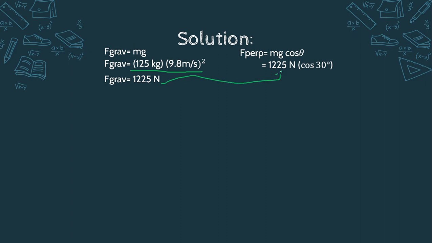In which mg, 1225 Newtons, will be multiplied by cos 30 degrees. Then we will have a value of 1060.88 or 1061 Newtons.